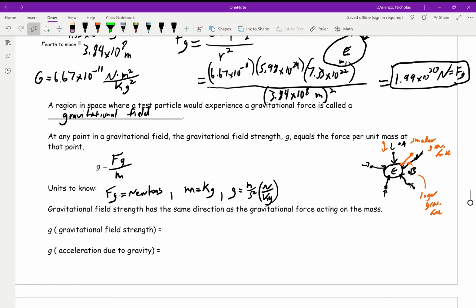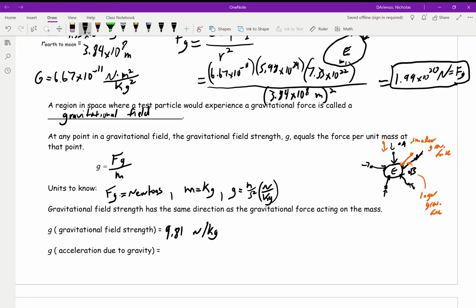Now, the gravitational field strength has the same direction as the gravitational force acting on the mass. So the force is acting in the same direction as the acceleration, which holds true. We've been talking a lot about that. So gravitational field strength, or G, depending how we refer to this, is represented, we know this number well, 9.81. But when talking about the field strength, we're going to write that as 9.81 newtons per kilogram. That's an N. It looks almost like a slash. 9.81 newtons per kilogram.